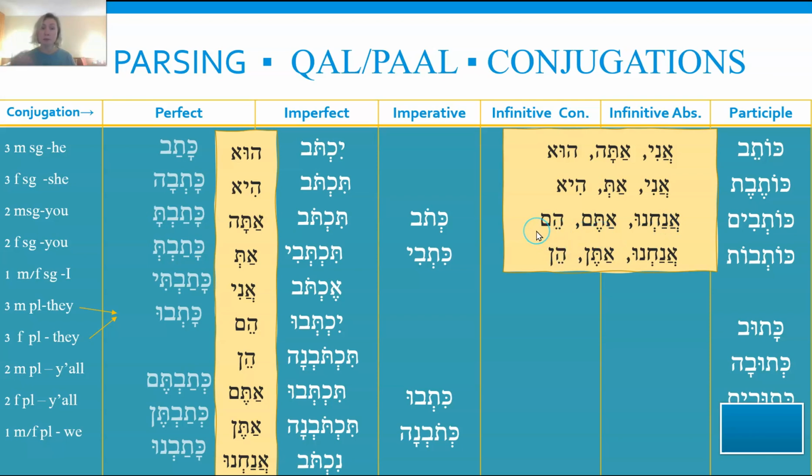Masculine form, and hem, they, masculine form, and then kotvot with the feminine ending will give us any of the persons that have the first, second, or third, the possibility of the feminine plural form. So anachnu, we, women, kotvot. Aten, you all, women, kotvot, you are writing. Hen, henna, they, those women, kotvot, are writing.